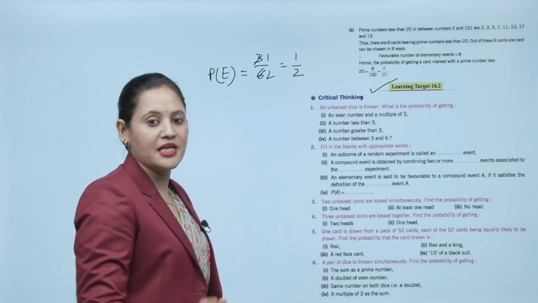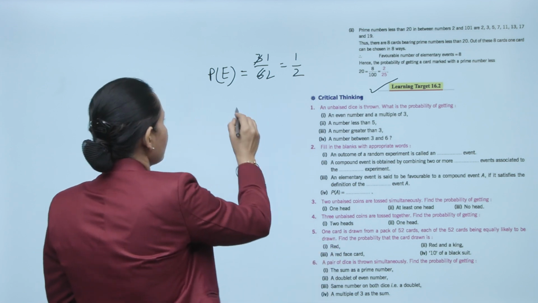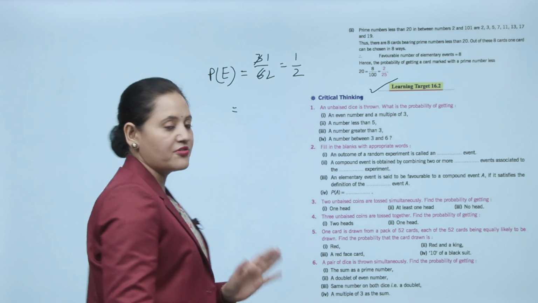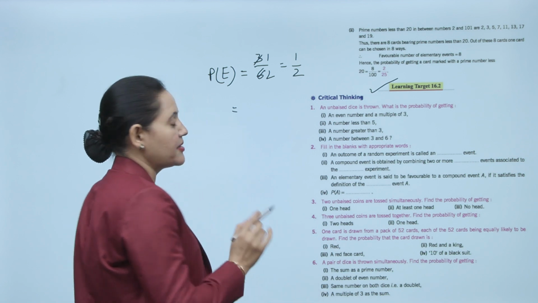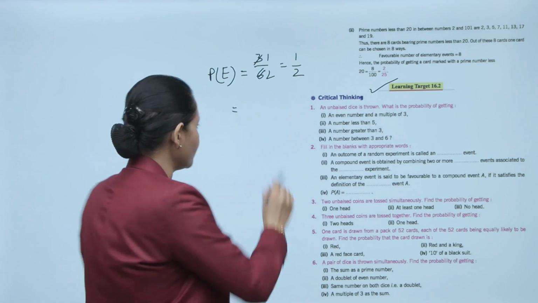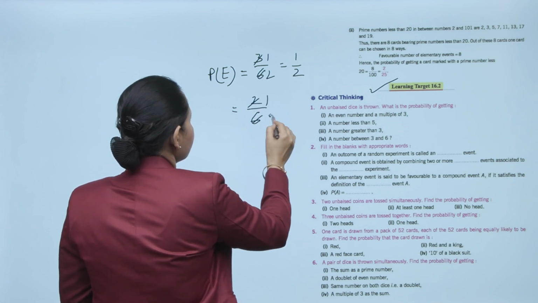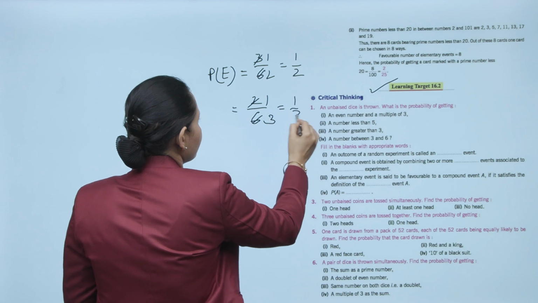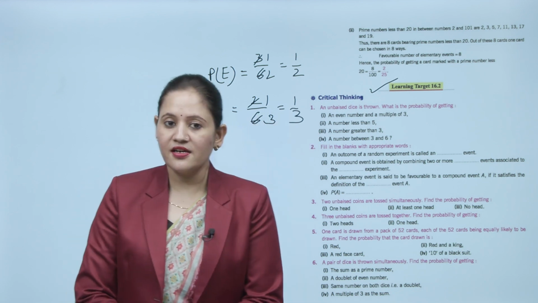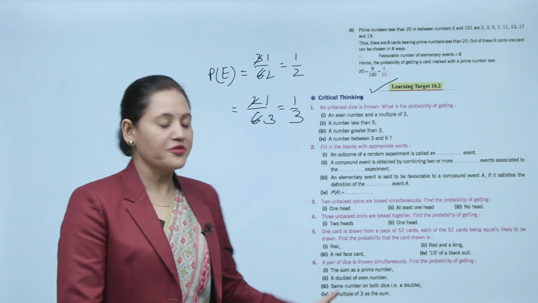If we talk about a multiple of 3, the total outcomes are 6, and the multiples of 3 are 3 and 6, so 2 by 6, that is 1 by 3. Clear? So, practice all the questions.